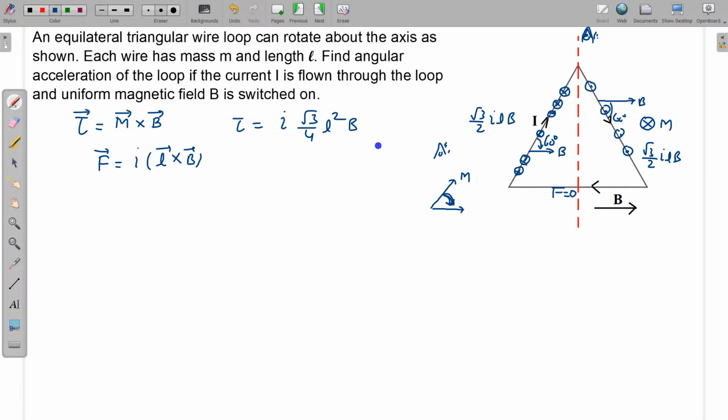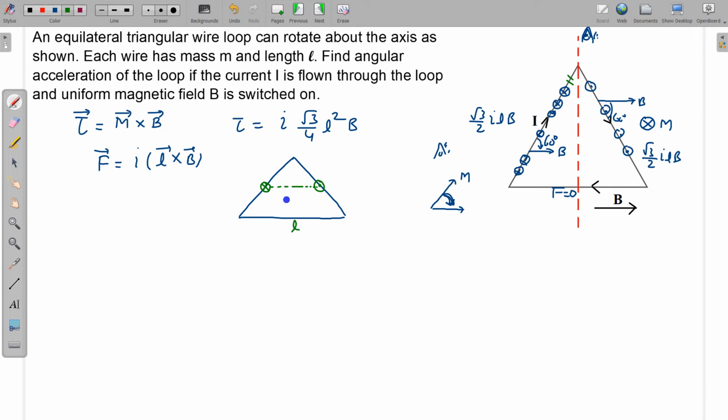If we calculate the torque from the forces, the point of application of the force on this side can be assumed to be at the middle, because for each small dl the force is uniformly distributed along this length. So the force acts at the midpoint, and for this side also the force is at the midpoint.